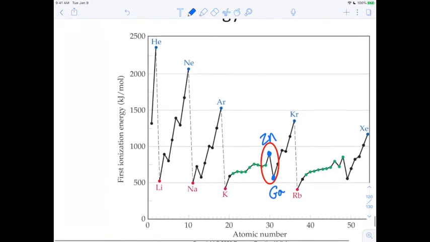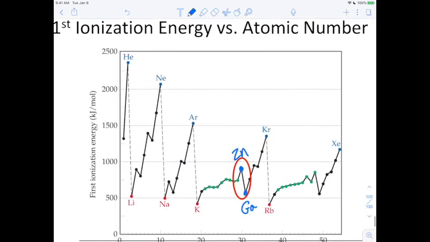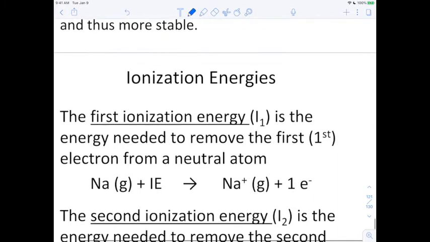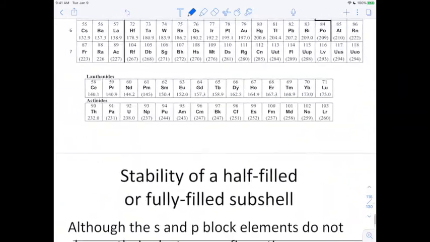All right, so let's take a quick look at zinc and germanium. Here we have the same situation. Go back to the periodic table.